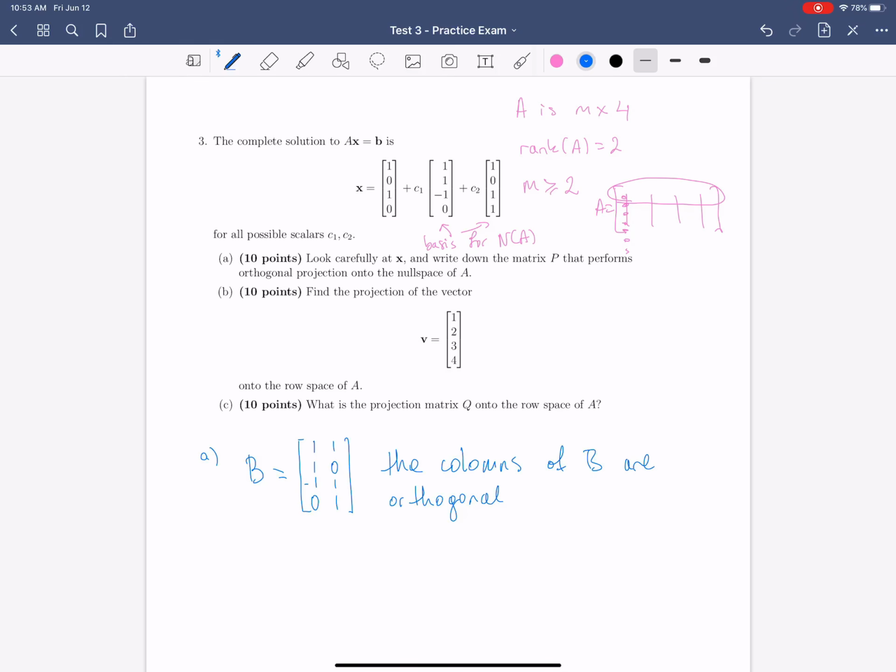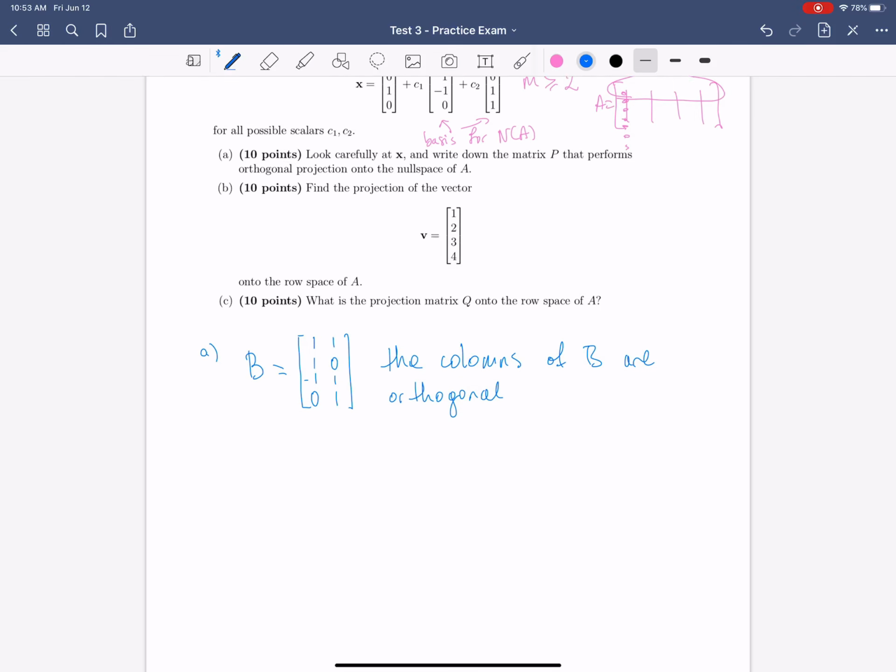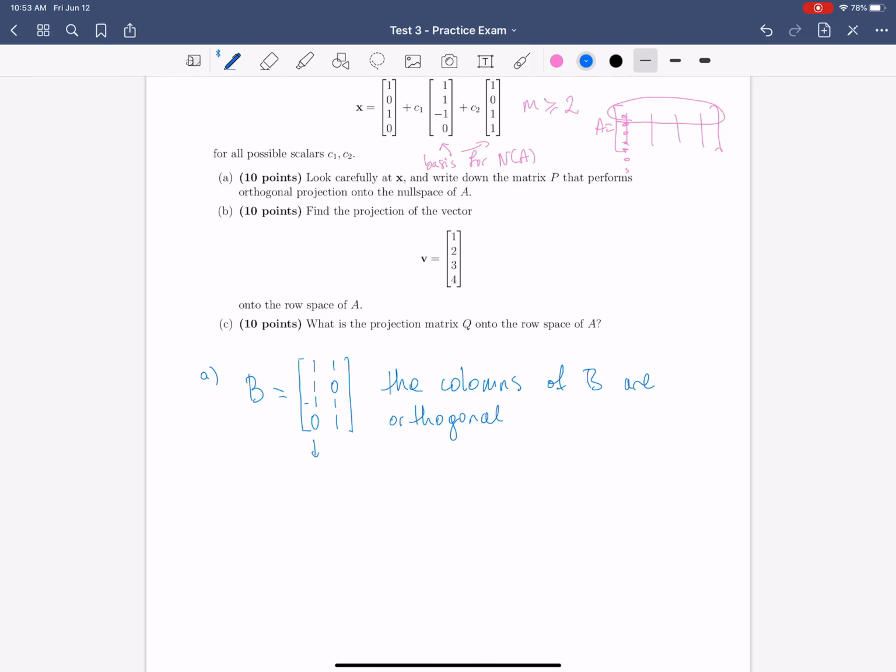What is the norm of each of the columns? Well, the norm of the first column would be 1 over root 3. What about the norm of the second column? It's also 1 over root 3, right?